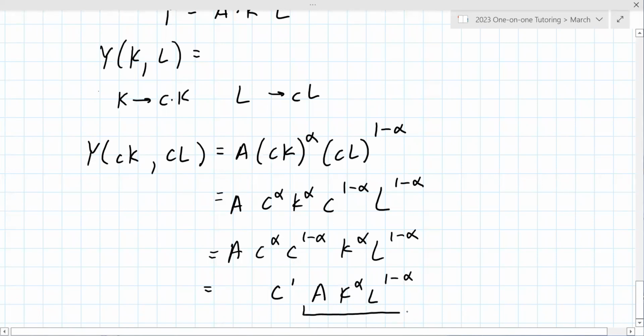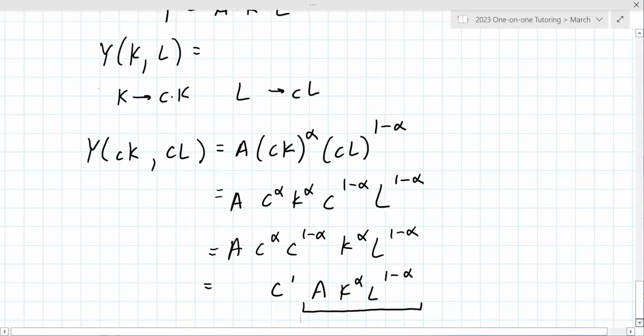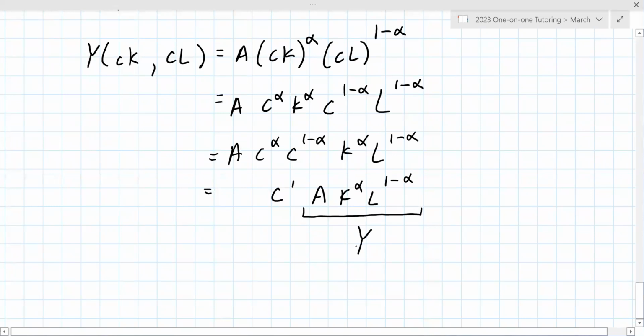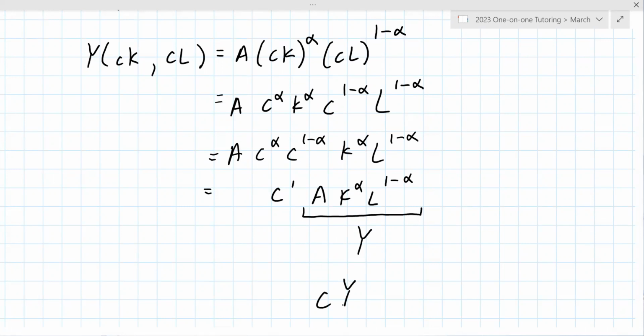And this part here that I'm grouping together, that is your Y. That's what you started with. And that's what it means by constant returns to scale. If you put C in for both of these, you get C times Y. I have in my notes that for constant returns to scale, if increasing all the inputs by a certain amount, then the output also increases by that amount.